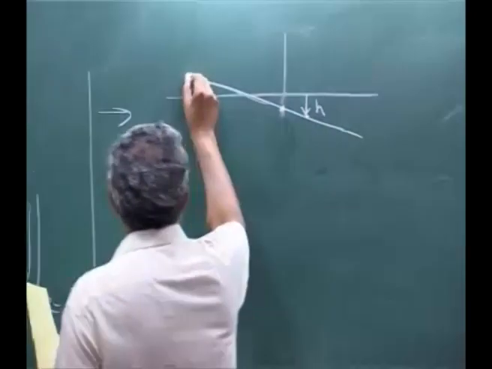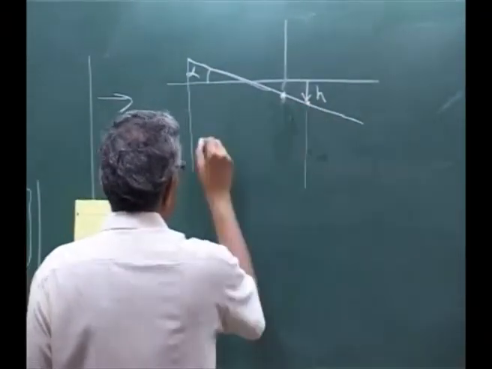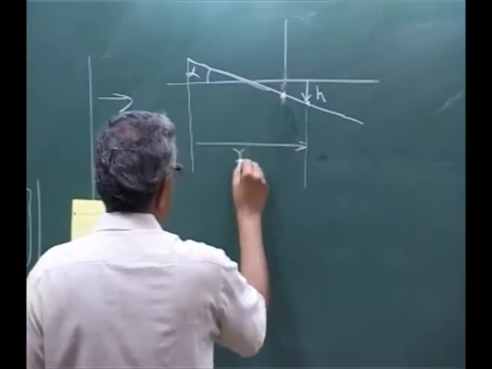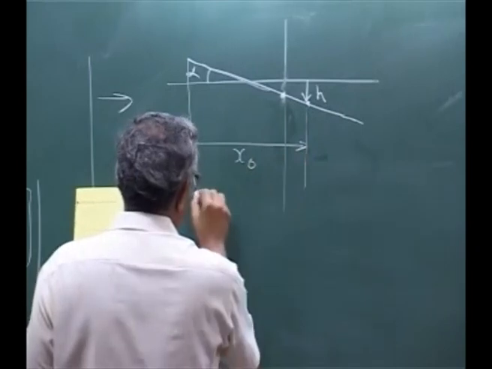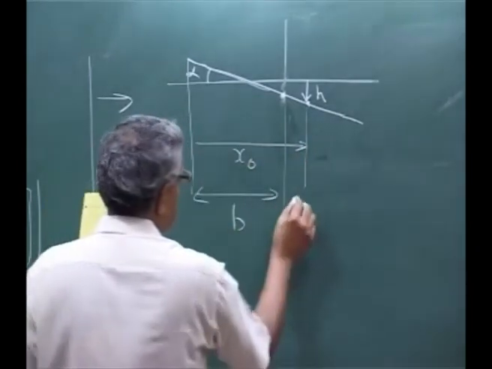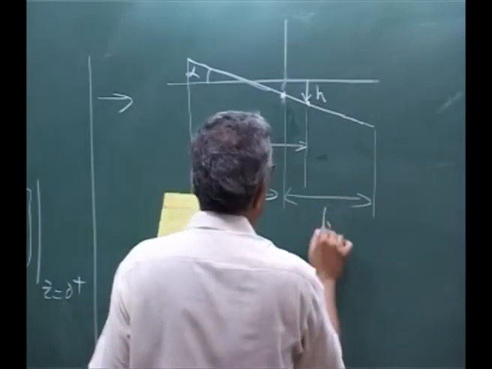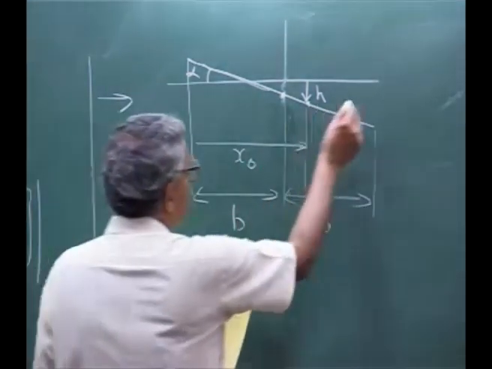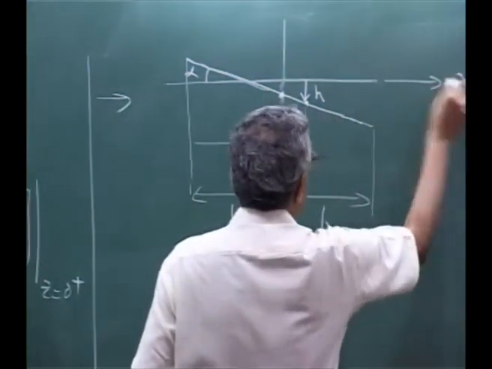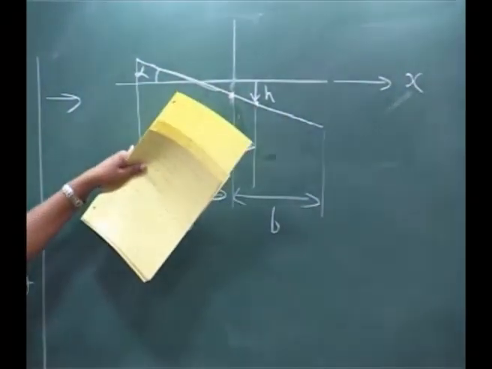And you define your distance. This is x0. Of course, this is semi-chord B, and this is also semi-chord B. And x is along this direction. So you measure x from the leading edge.